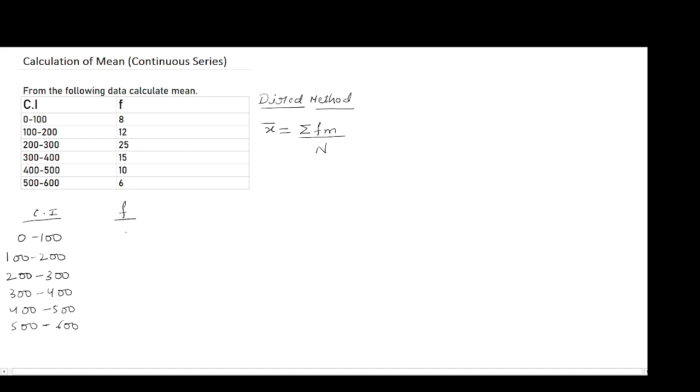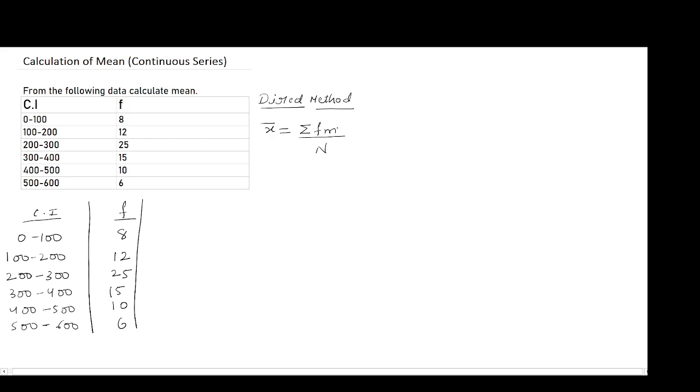And the frequencies given are 8, 12, 25, sorry it is not 5, it is 15, 15, 10 and 6. So these are the given values. Class interval is given as well as frequency is given.